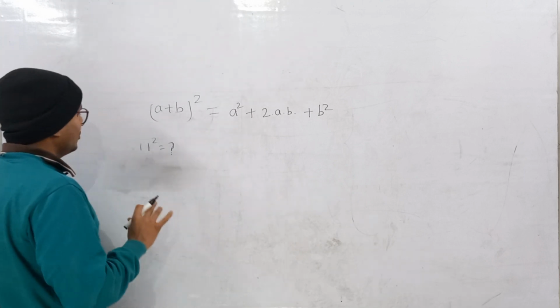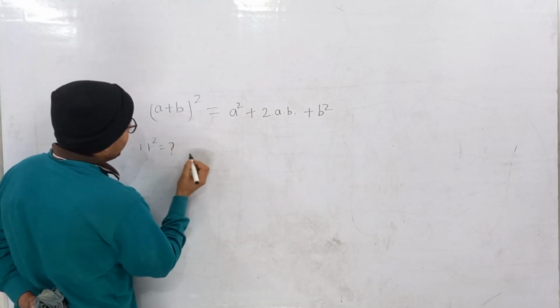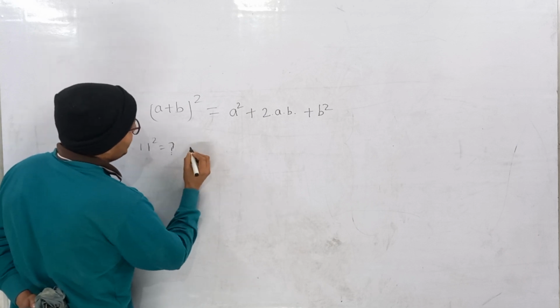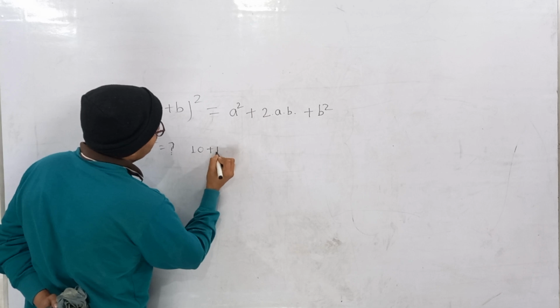So suppose we have to find 11 square. What can you write for 11? You can write 10 plus 1.